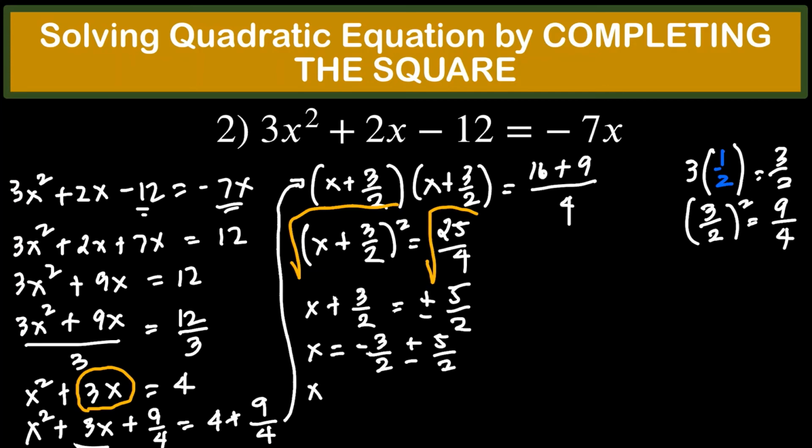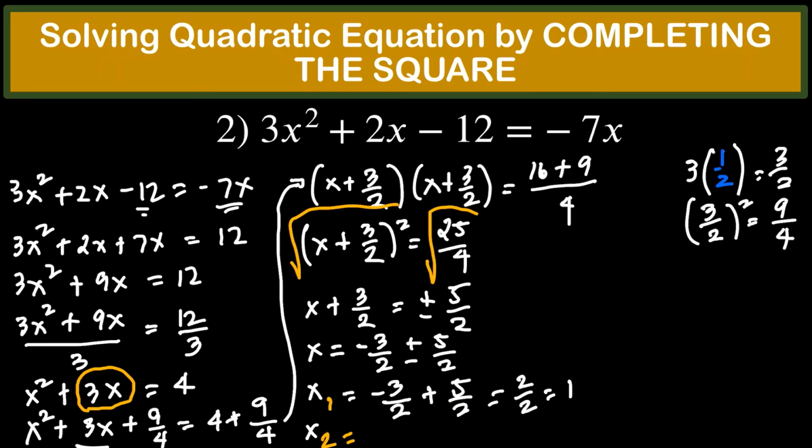And so our x sub 1, or the first answer here, equals -3 over 2 plus 5 over 2, that is simply 2 over 2 equals 1. What about our x sub 2, or second answer?